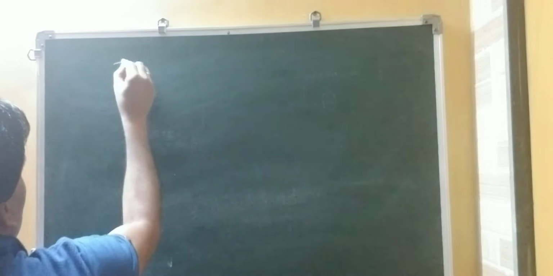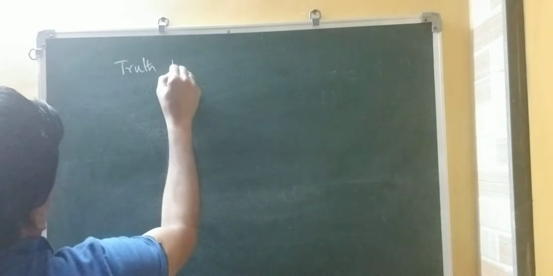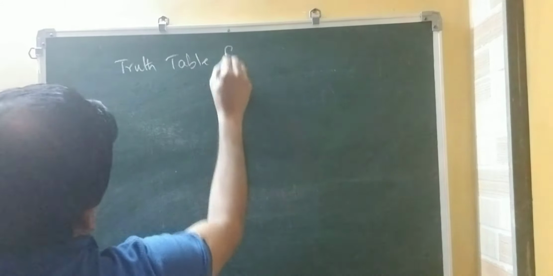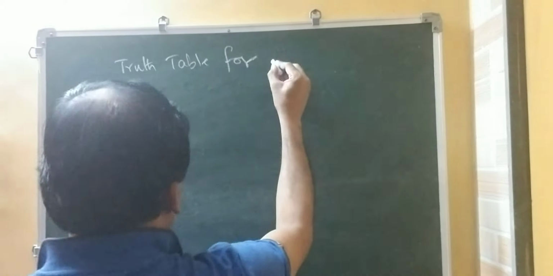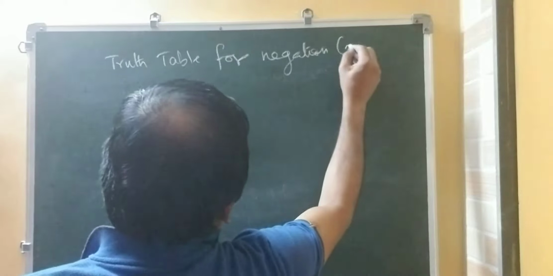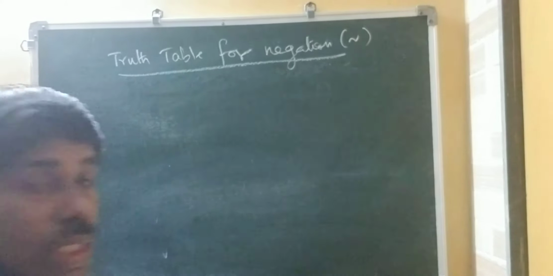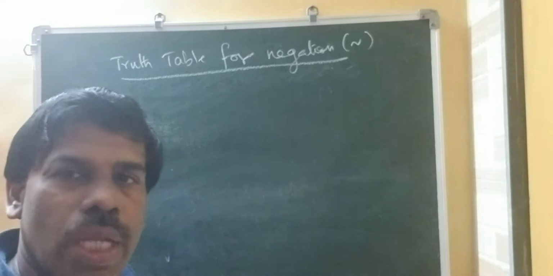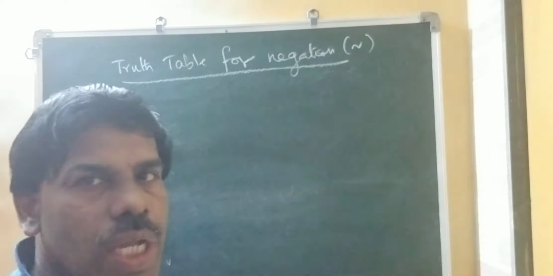Now we will see the truth table for negation. See, earlier we have seen the truth table for conjunction and disjunction.